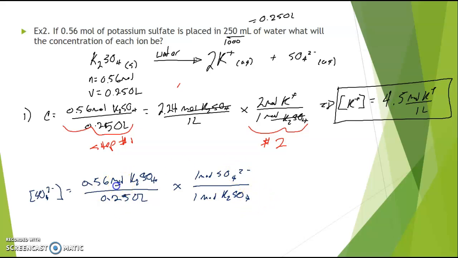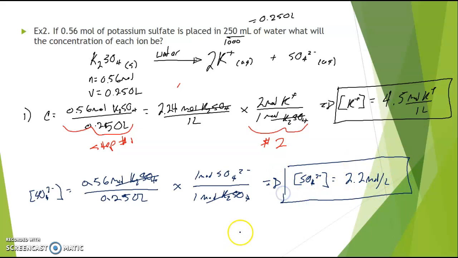The nice thing is the moles of potassium sulfate cancel out. It's a 1-to-1 ratio. So 0.56 divided by 0.25 is going to give us a concentration of our sulfate ions to be 2.2 moles per liter once we finish off our calculations there.